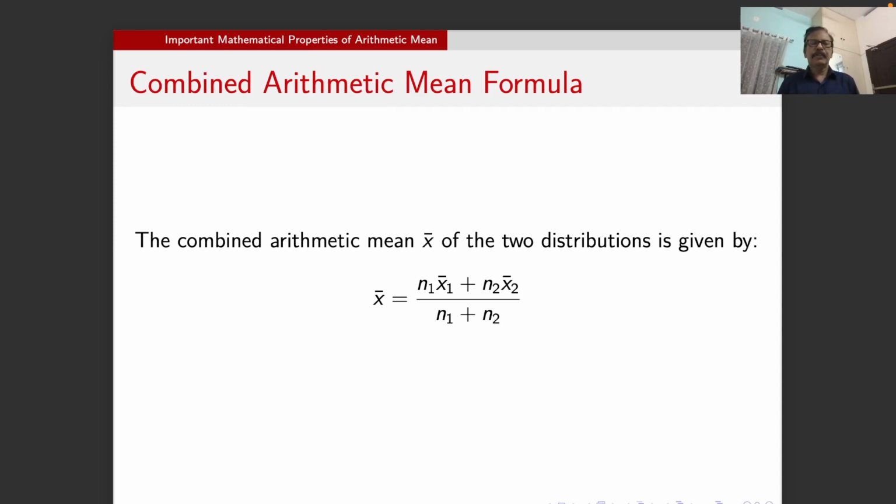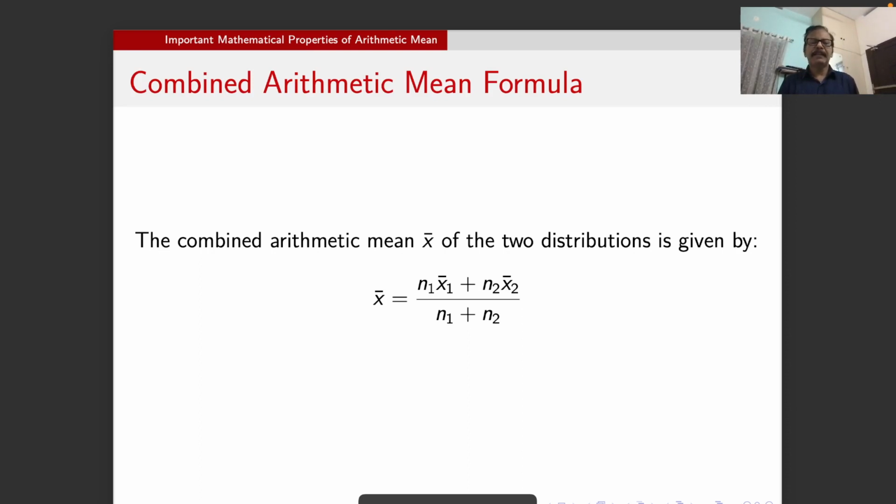The next property we have to discuss is the combined arithmetic mean formula. We have two sets of observations or two frequency distributions. One with the mean x1 bar and the other with the arithmetic mean x2 bar.